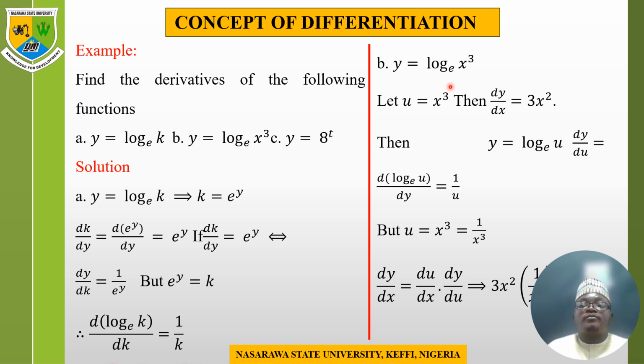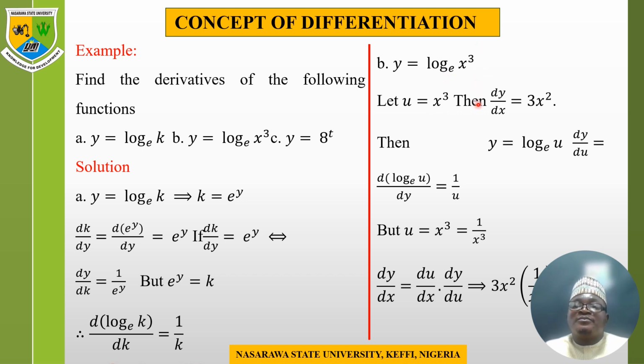Then the next one here is log e of x. Then we say let u be x raised to power 3. Our y here is going to be changed to log e of u.